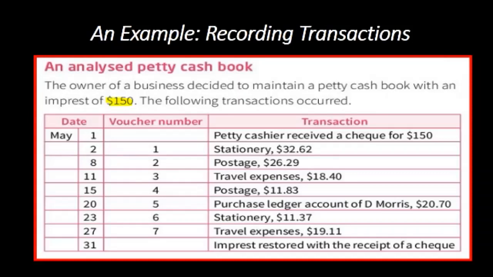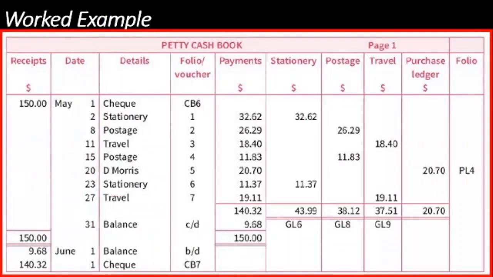Okay, we have the date and the voucher number and the transactions here. Okay, now it is already done on this here, so we will just go through the transactions one by one and see how you write up the book.